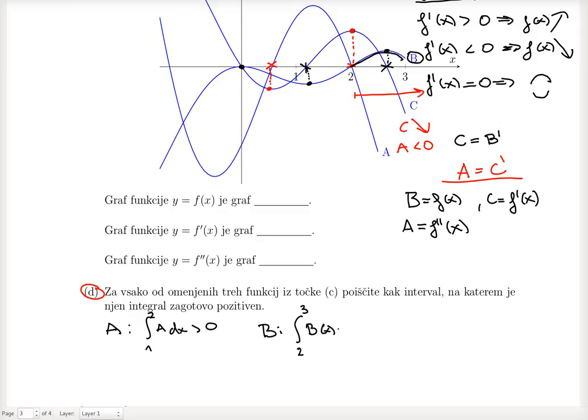B of x, the integral is positive, and for C, let's see, for C we have from 2 to 3, it's not sure if it's positive, but from 1.5 to 2.5 the function is positive. So the integral of C of x is greater than 0. Okay.